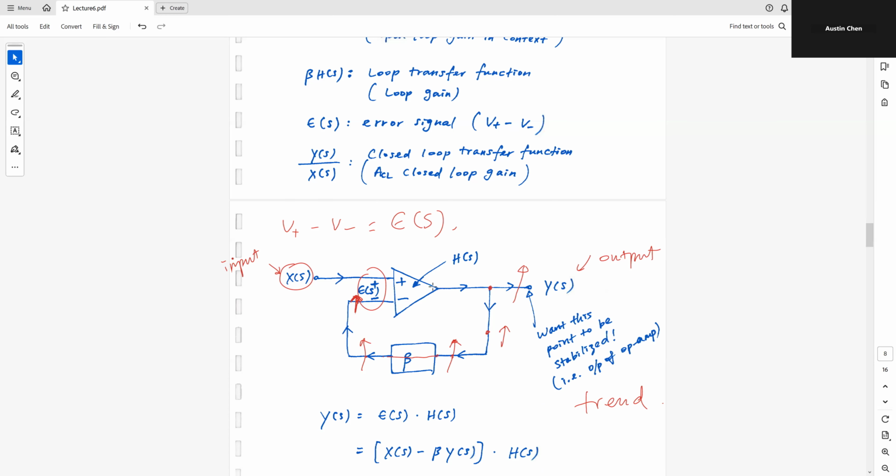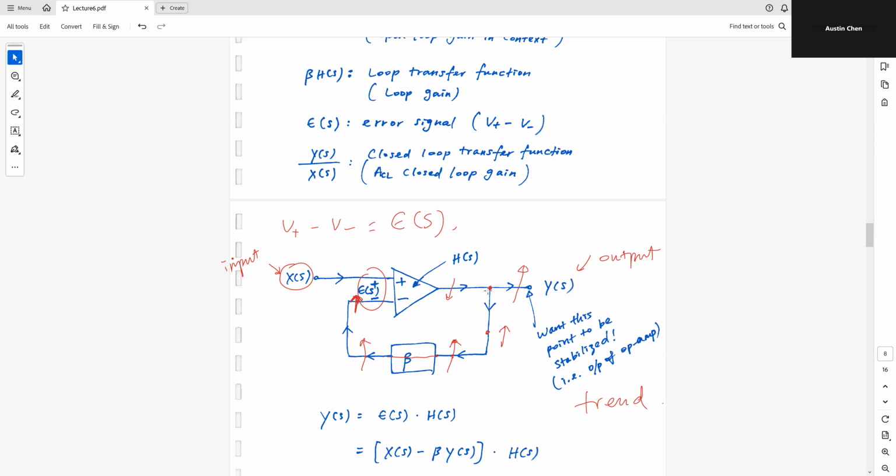If I just focus on the trend, I have a smaller error signal multiplied by a fixed gain, so this point is going to go down.